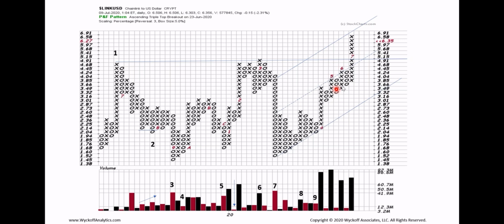How do you interpret this? It's very tricky, and each time supply comes in, it's quickly reabsorbed. I think that if we start to see increased effort to the downside associated by increased result to the downside, that will be a signal that the backing up action is starting.